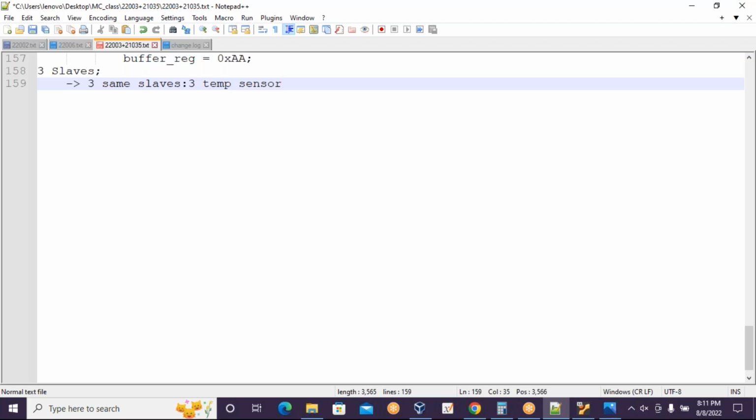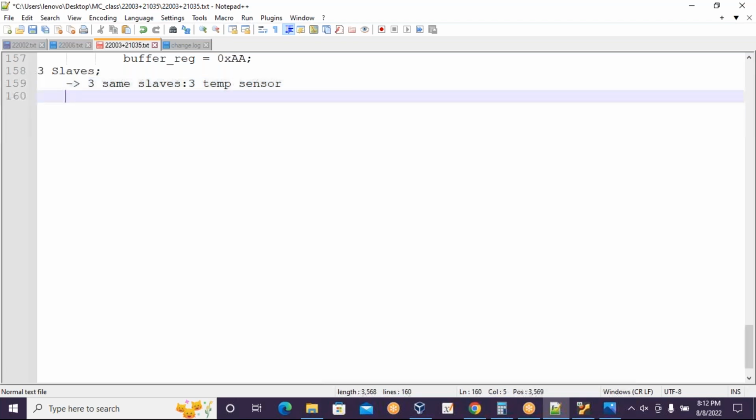Assume to monitor the overall temperature of the system, there's another temperature sensor. And for the graphics card, let's say it is making your system heat up. To monitor that, let's say we have got another temperature sensor. So basically there are three slaves. I'm least bothered with what these temperature sensors are doing. Just an example, there are three same slaves, let's say three temperature sensors.